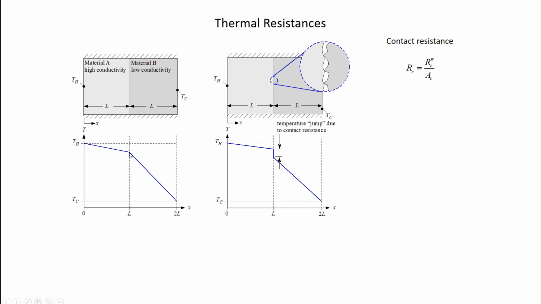But if you zoom into that interface closely, you'll find that it's not perfectly flat. There's some roughness, and therefore, when you get close enough to that interface, the heat is actually going to have to constrict and go through some relatively small area patches where these two surfaces touch each other, right?